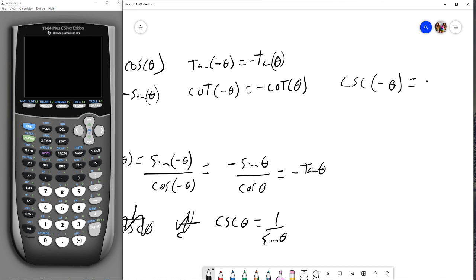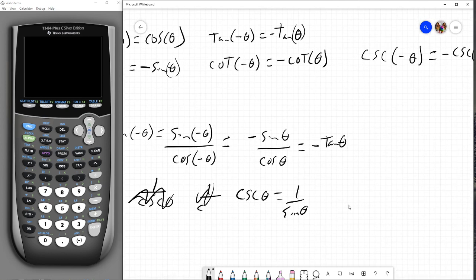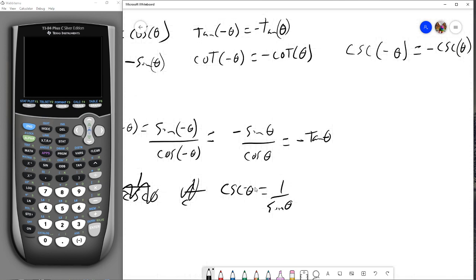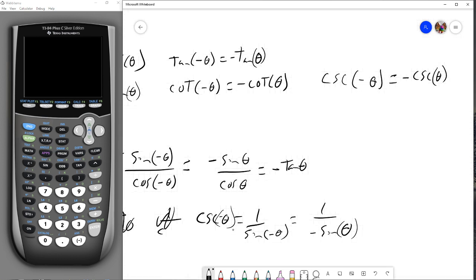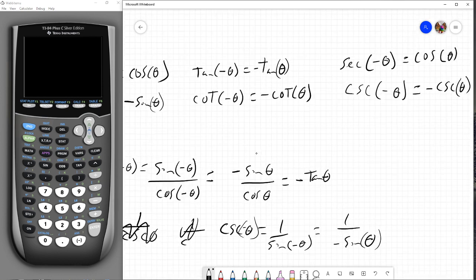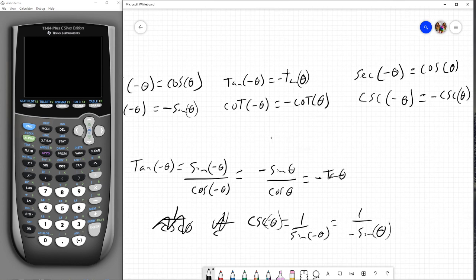Cosecant negative theta is going to equal negative cosecant theta, and this is because of this fact here. If we plug a negative in here, it's the same thing as sine of negative theta, which is this 1 over negative sine theta. And we can make a similar argument, but with secant and cosine, to show that secant of negative theta will equal secant theta. Now, these properties here are called the even-odd properties.